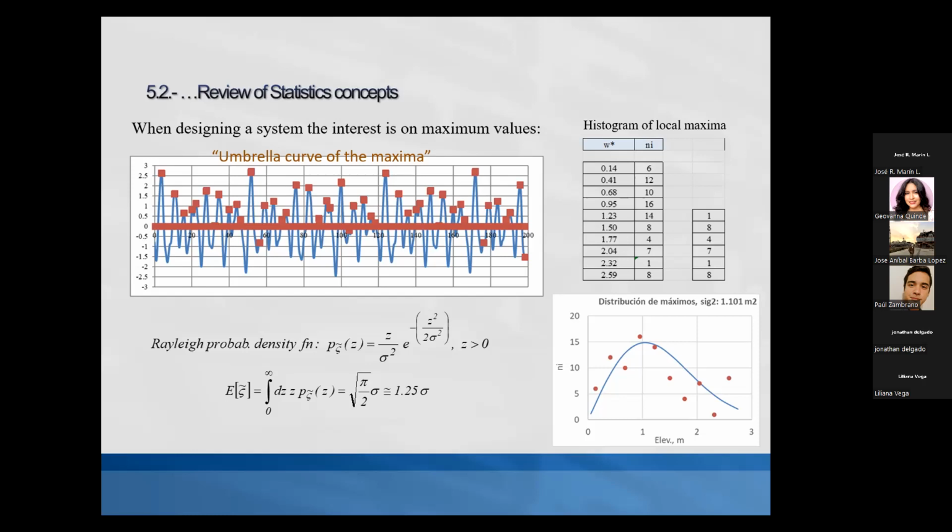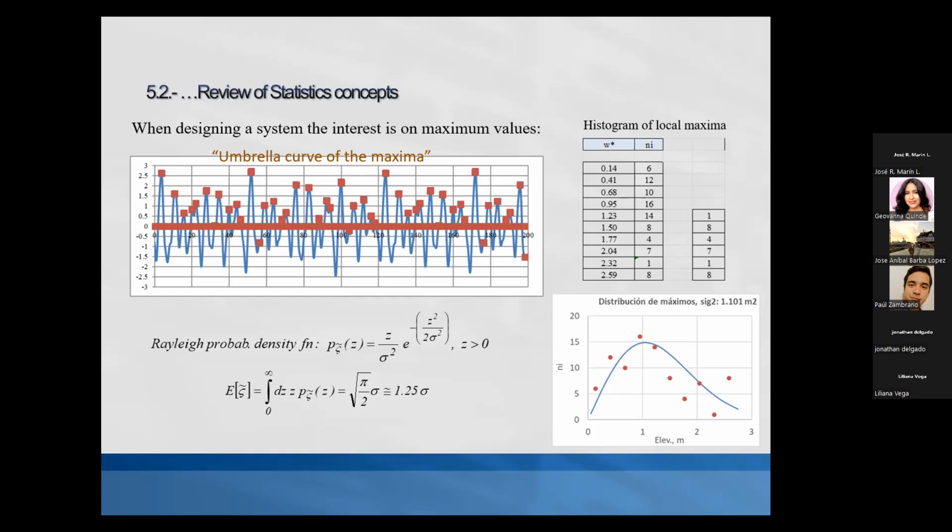So in a very simple way, what we do is assume that we don't have many of these negative local maxima. If we accept that, we can take these positive local maxima, prepare a histogram, plot it, and try to generate a regression function for that.